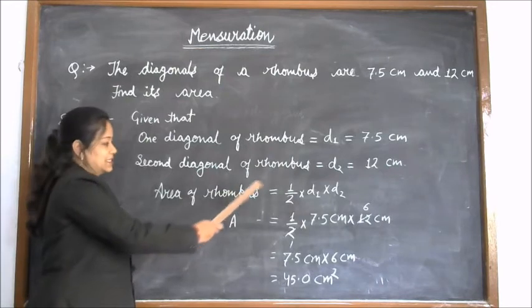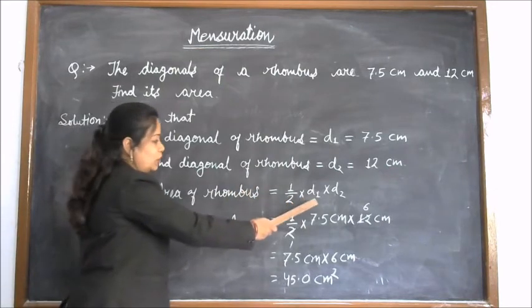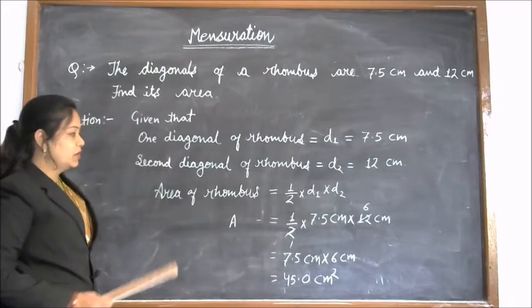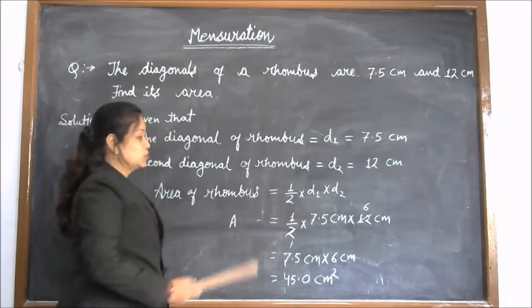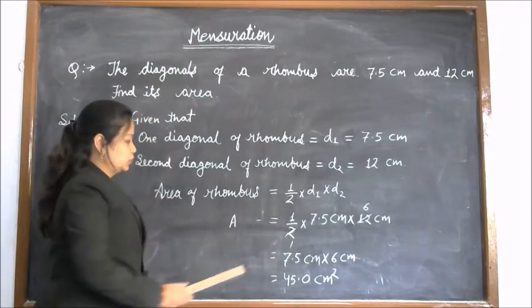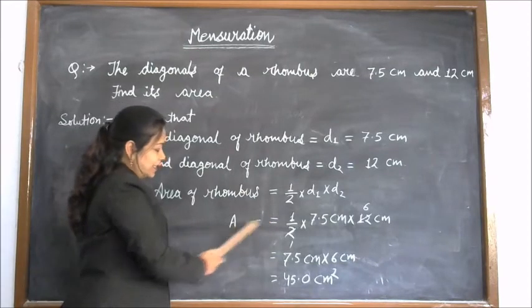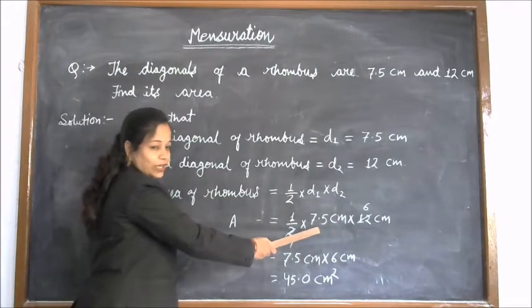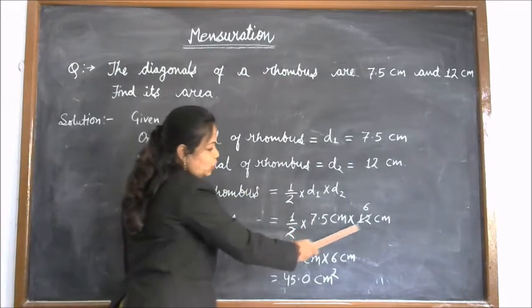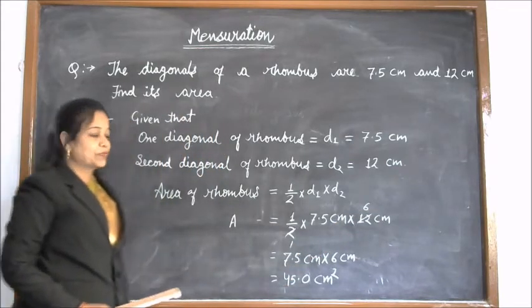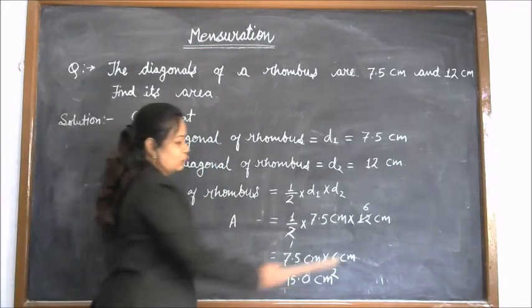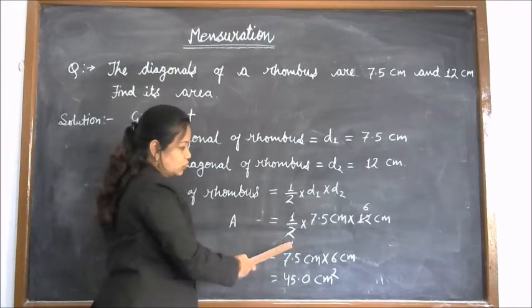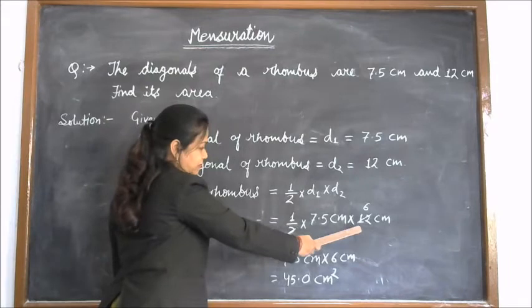Area of rhombus is equal to 1 upon 2 into d1 into d2. In second step, we will substitute the values of d1 and d2. So it will become area is equal to 1 upon 2 into 7.5 centimeter into 12 centimeter. Now we can cancel out this 12 by this 2. 2 ones are 2 and 2 sixes are 12.